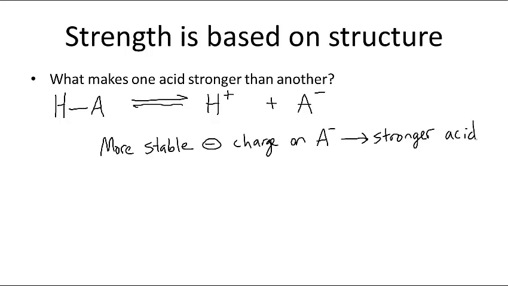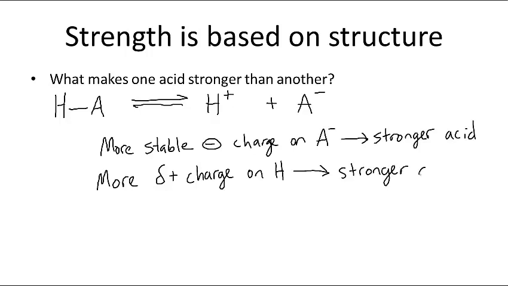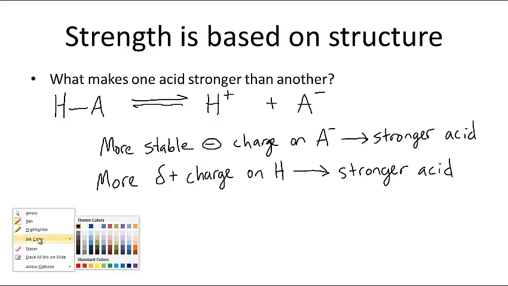Positive. So anything that makes H more partially positive is going to make the acid stronger. And again, we could say electronegativity is going to be a contributing factor there.